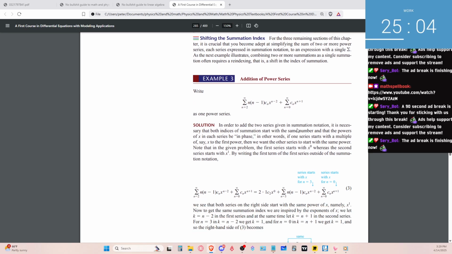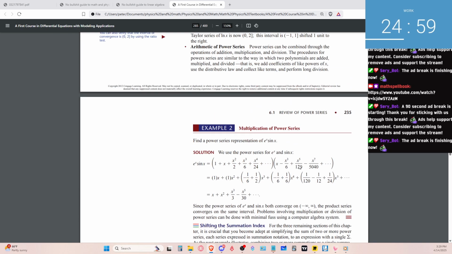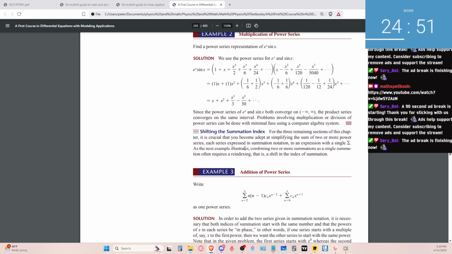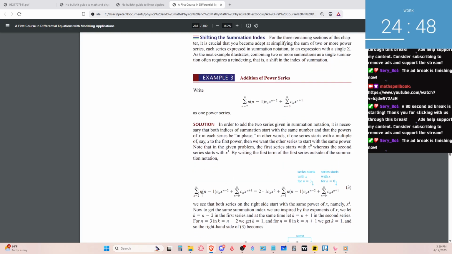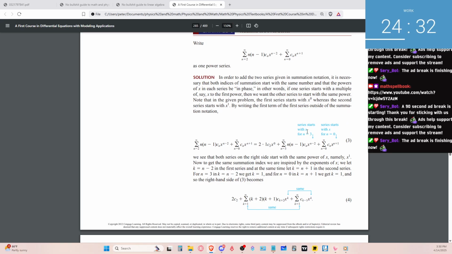Oh, the addition of a power series. Okay, so they teach you small steps of each one. Very interesting. So this one, you would have to change it, right, as one power series. Okay, so basically you have to change the indexes. So this one's 2.